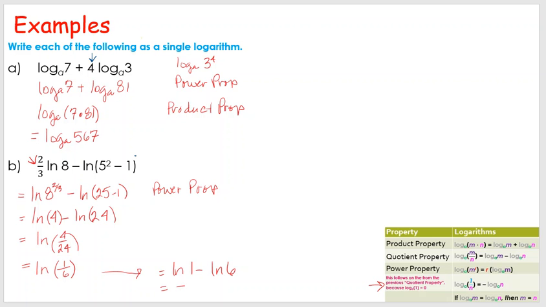That's going to give me negative natural log 6. So that's my final answer. And the reason being is that natural log of 1 is 0, so that just leaves me with a negative natural log of 6.